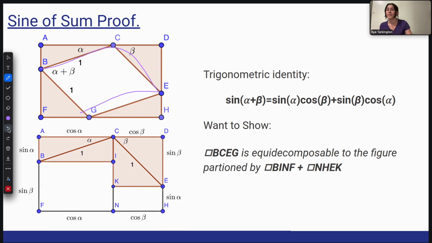And the reason why we want to know that it's equidecomposable is because by the Wallace-Bolyai-Gérin theorem, that means that we know that the areas are equal to each other, and maybe that'll tell us something about a sine and cosine identity.